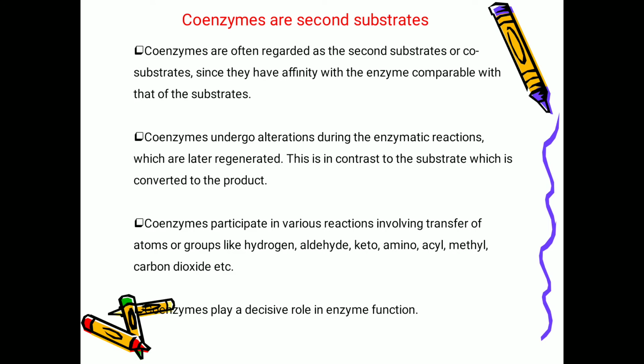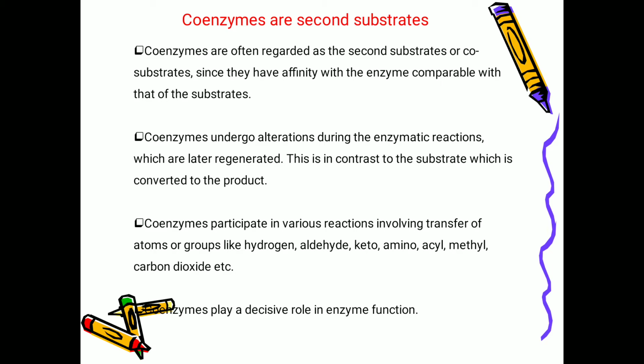And coenzymes act as second substrates. Why? Because the coenzymes are often regarded as the second substrate or co-substrate, since they have affinity with the enzyme comparable with that of the substrate. The enzyme has an active site or substrate binding site and also a catalytic site.